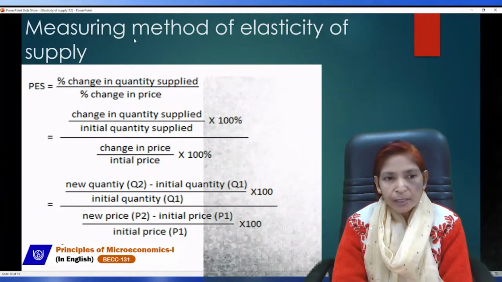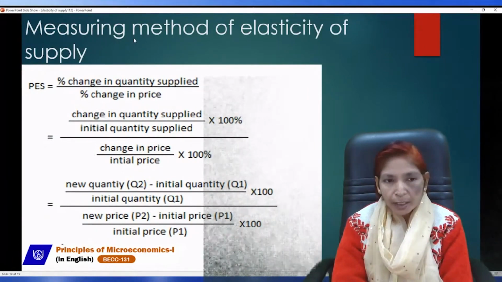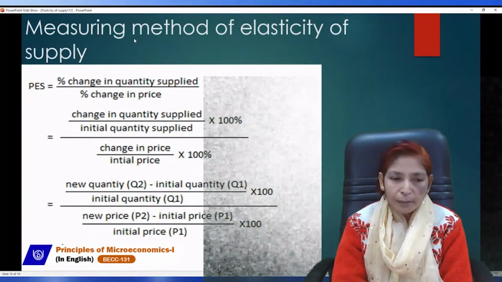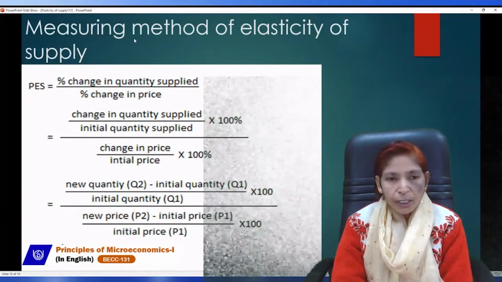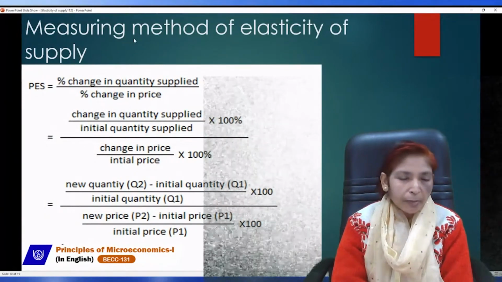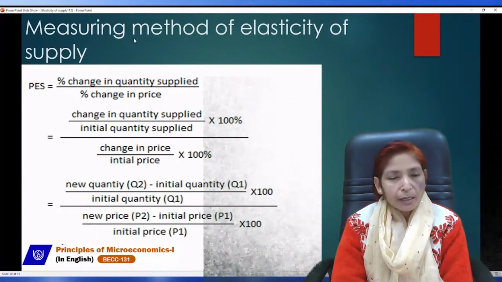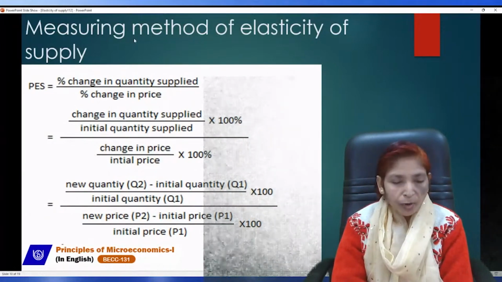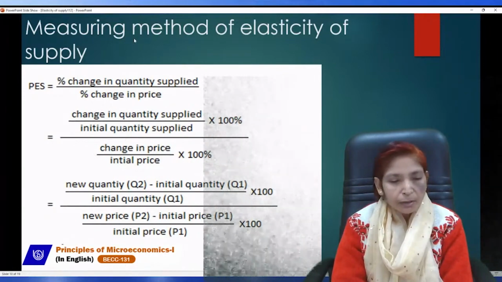If percentage change in quantity supplied and percentage change in price are given, then you can use this formula to calculate elasticity of supply. And if you are given a table or schedule of different prices and different quantities, and you want to estimate elasticity of supply from that table, then you can use this formula delta Q upon delta P into P over Q.